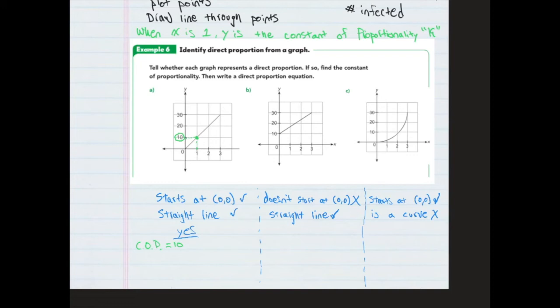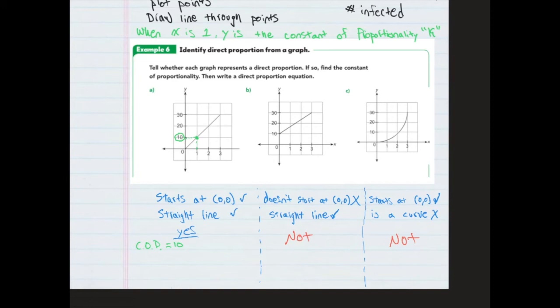Okay, this one is not a direct proportion, and this one is not a direct proportion. And lastly, it says write a direct proportion equation if it is.